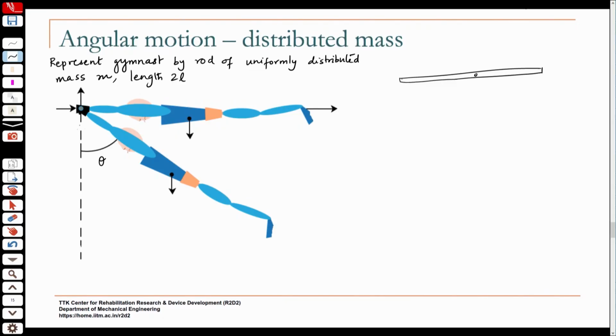So, if this is O, the CG will be at L. Let me draw the free body diagram: this would be mg, this is point O, and I have the reactions at the pin joint, which is at the wrist, and this distance is L, and this distance is L.